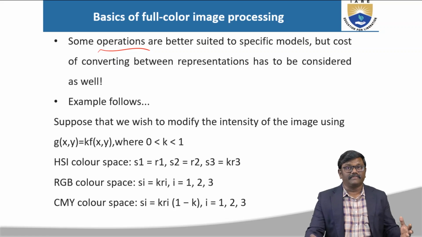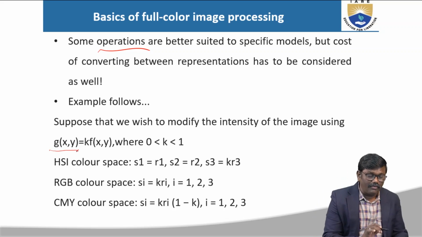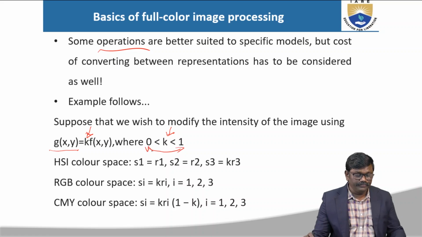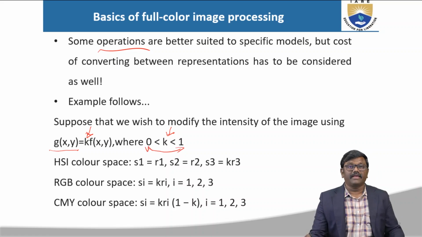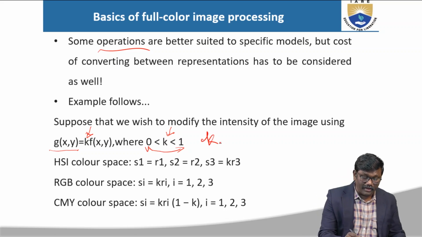For example, suppose we wish to modify the intensity of the image pixel values using the formula g of x comma y equals k times f of x comma y, where k varies between 0 and 1. What is this k? It is the color model factor, and it depends upon your k value varying between 0 and 1.